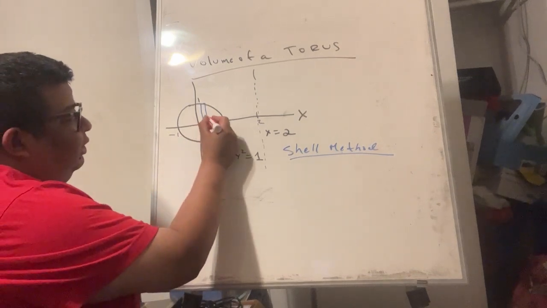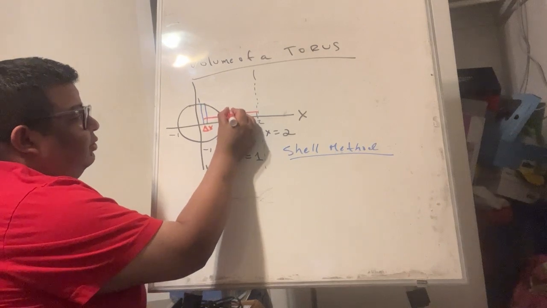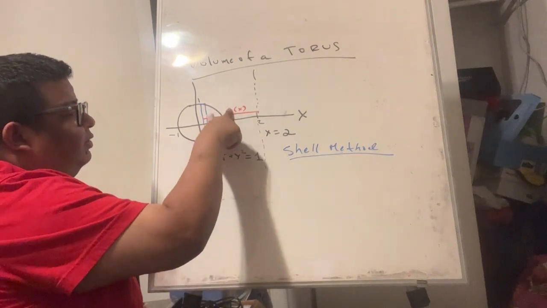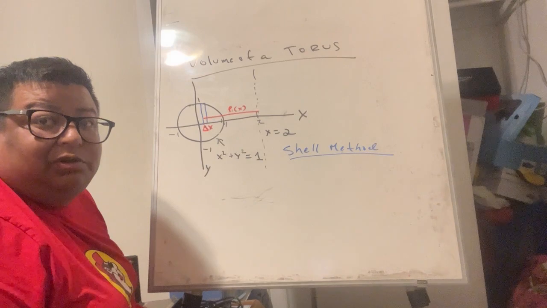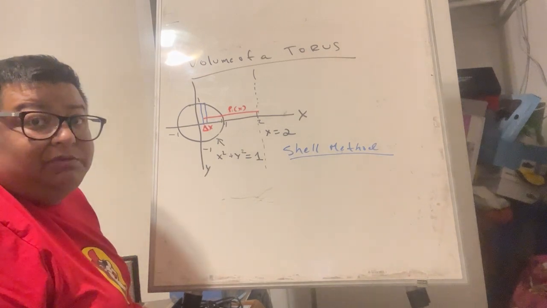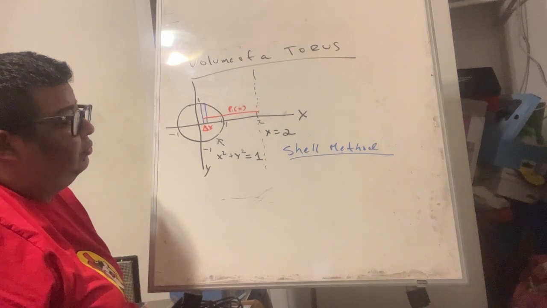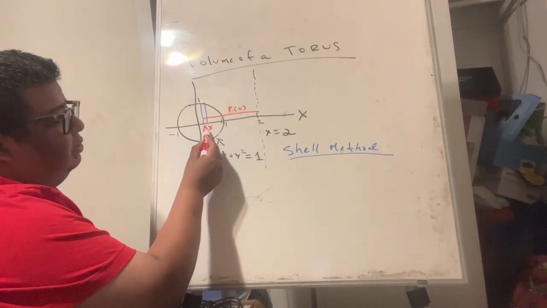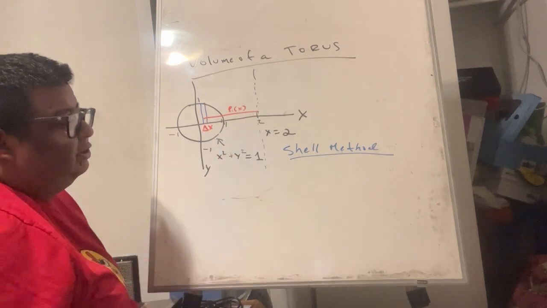And then from here to here, that's gonna be your h of x. And p of x is gonna be your average radius from the center of your rectangle to the axis of revolution.